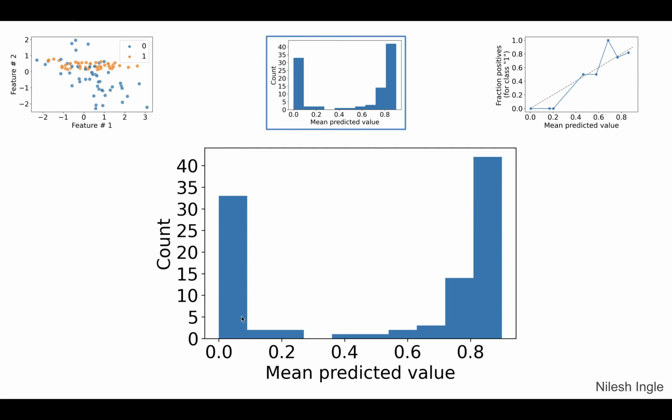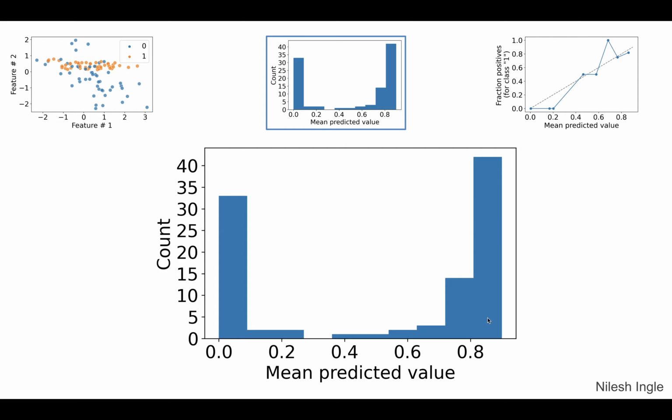And the reason why the probabilities are pushed towards 0 and towards 1 is that this was trained on a Gaussian naive Bayes classifier, which has the assumption of conditional independence between the features, and so that's why we see these particular peaks at 0 and 1.